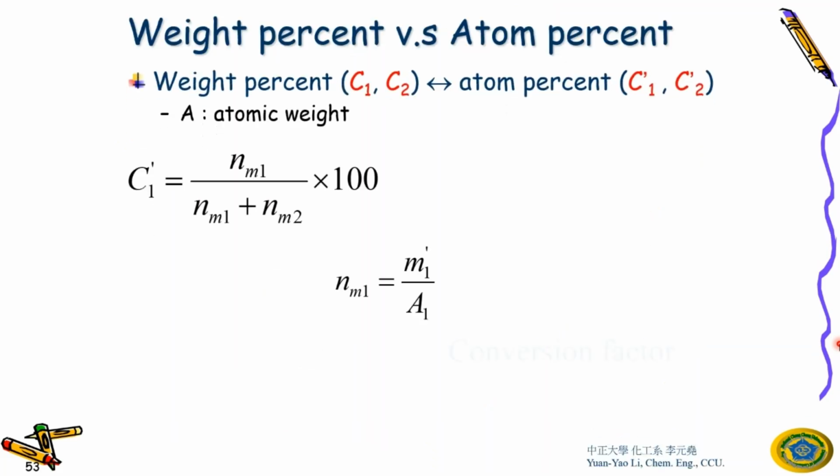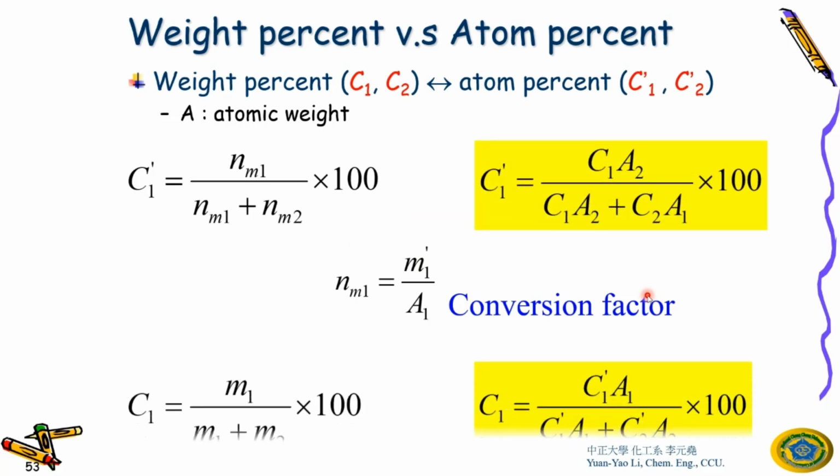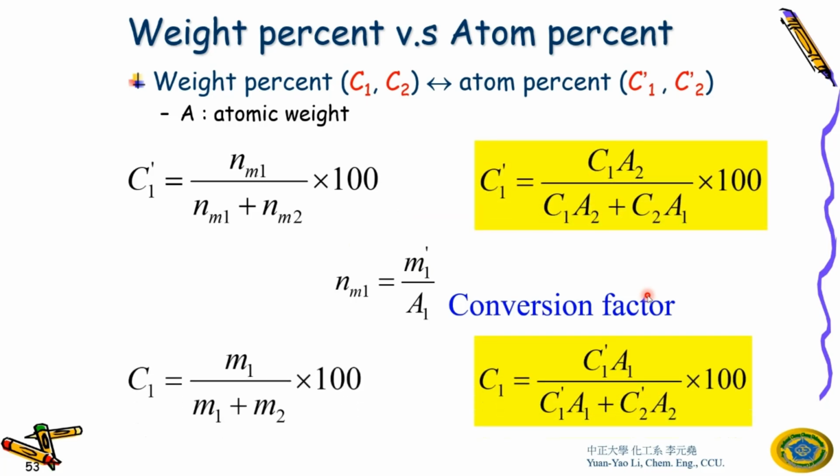So how do you convert this? I want to skip this because it is very easy, and I hope this won't bother you a lot. So please read this by yourself. If I want to have this question in your final exam, I will definitely show you the equation.